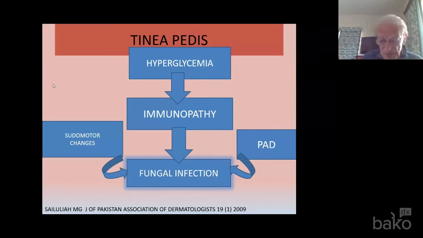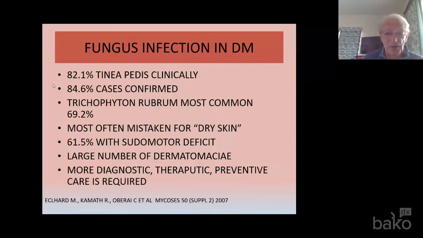They may have some degree of small vessel or large vessel disease, PAD or SAD as they say now, and secondary fungal infection. As far as these fungal infections go in the diabetic patient, this is most often mistaken for dry skin. And this can be both between the toes as well as the foot generally.